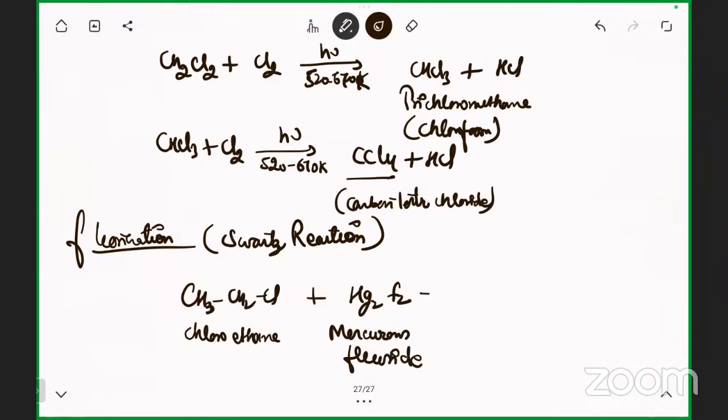Mercurous fluoride forms two molecules of CH3CH2F, that is called fluoroethane, plus Hg2Cl2, mercurous chloride. Okay, so generally fluorination occurs when metallic fluoride reacts with haloalkanes, or you can say alkyl halide. So this reaction is called Swarts reaction. This is important. Remember this. Clear?